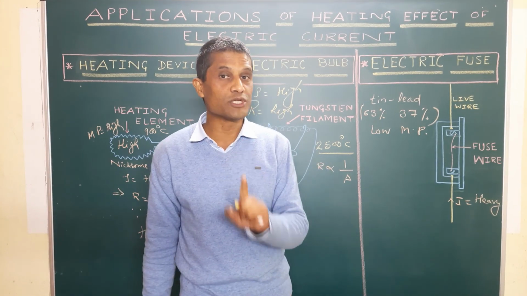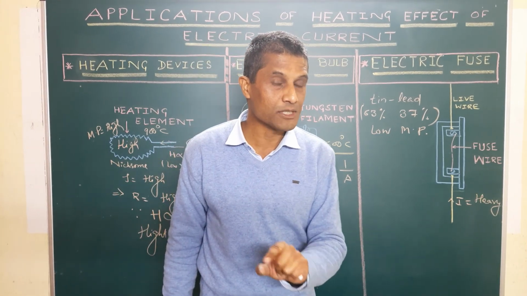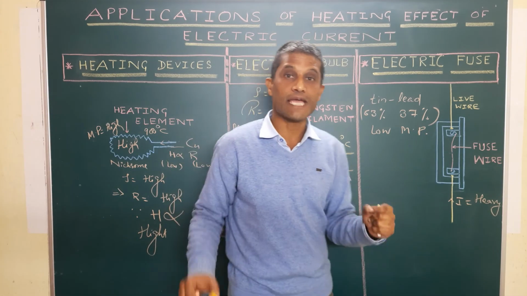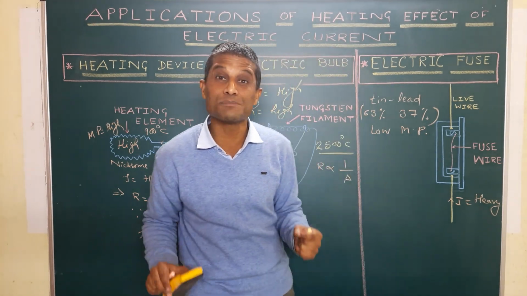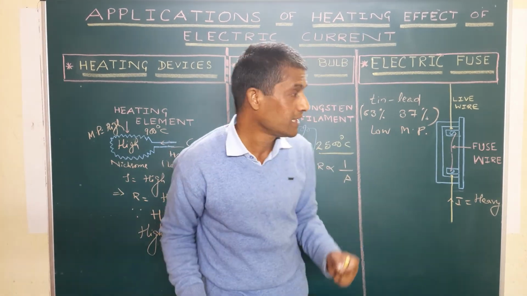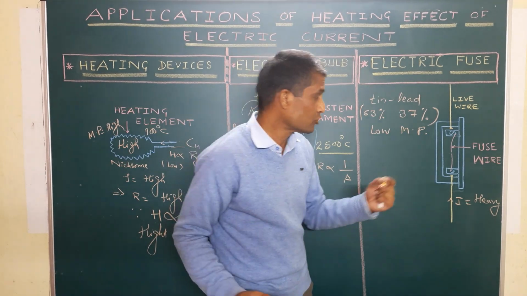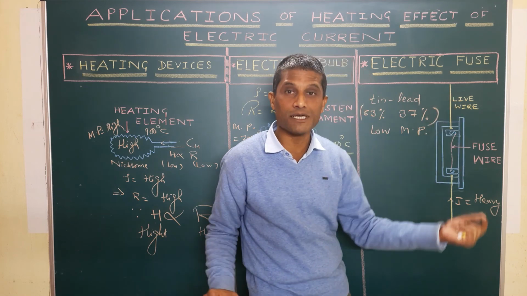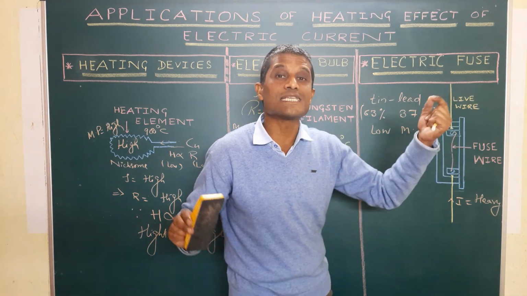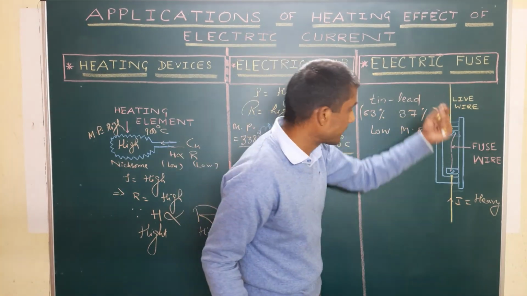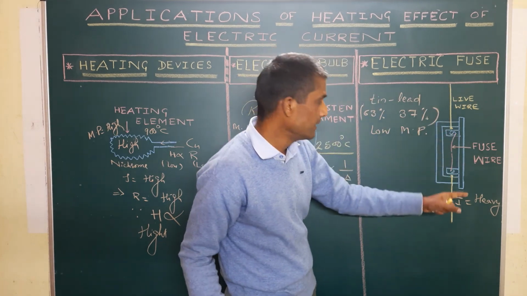Fuse is always put in series combination, because here it can stop the excessive supply of electric current, and these are the noteworthy points you have to keep in mind. So when the excessive current begins to flow, more than the safe limit, through the live wire, what happens?